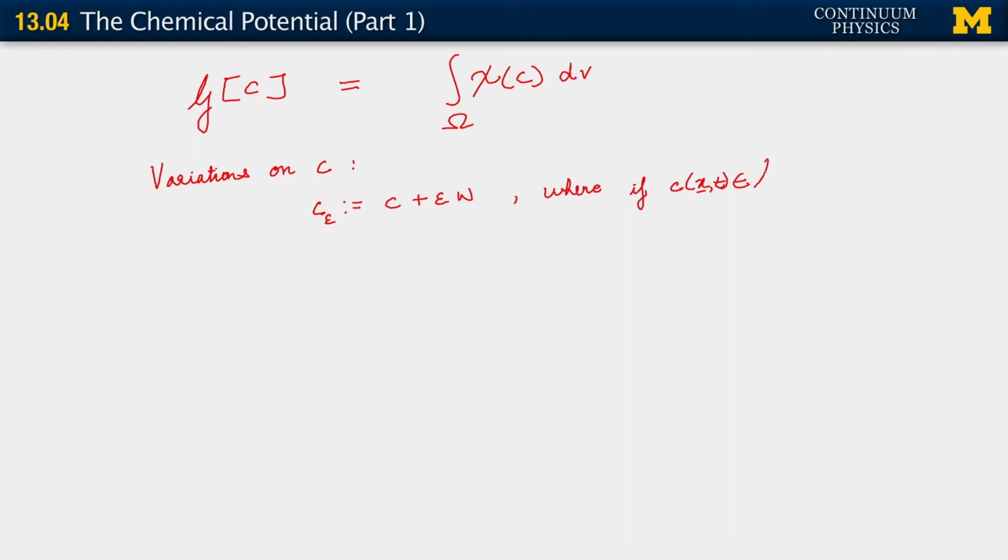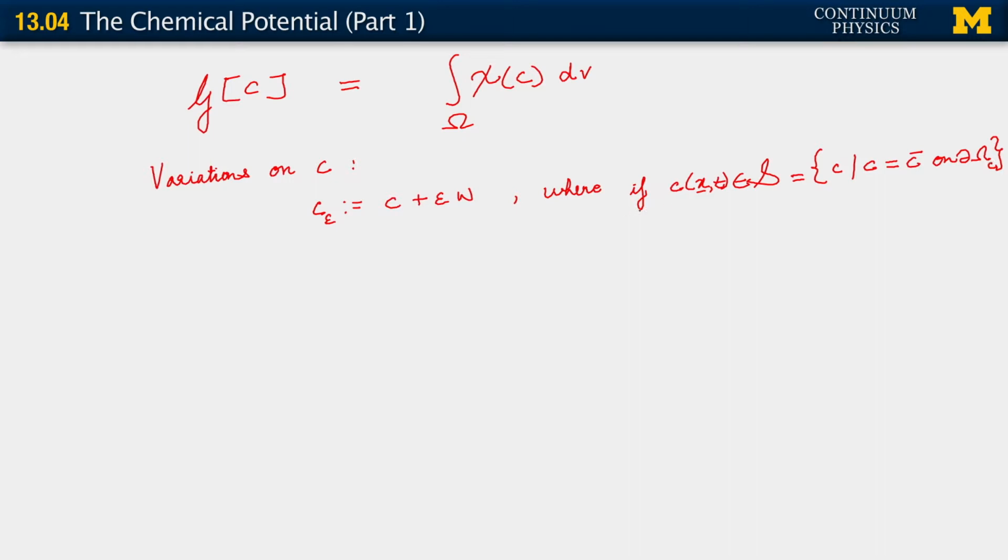We define spaces just like we did before. If the field C belongs to a function space S, just as we did in the context of nonlinear elasticity, where the function space S consists of all C such that C satisfies our concentration boundary condition on the relevant part of the boundary. Recall as well that our concentration boundary condition is also called the Dirichlet or the essential boundary condition.